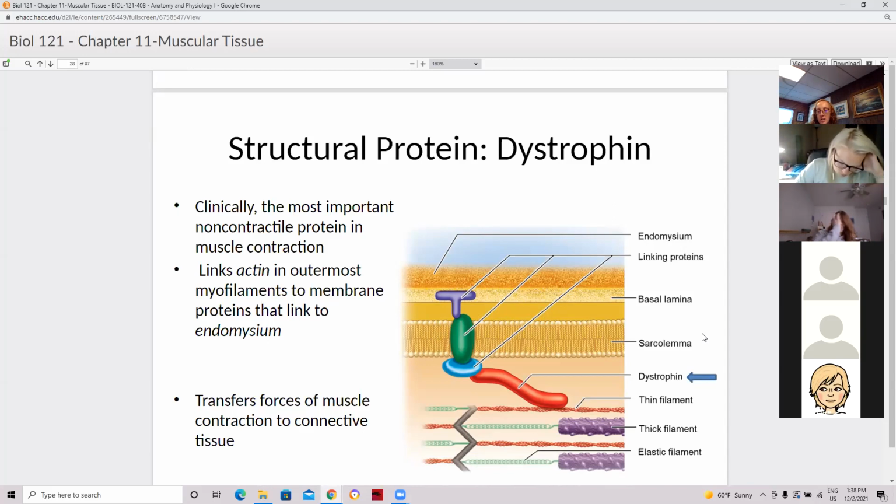It links actin, the thin filaments, in the outermost myofilaments of a fiber to the membrane proteins that are linked to the endomysium. Endomysium meaning the outer cover around a muscle fiber. It transfers the forces of muscle contraction to the above connective tissues.